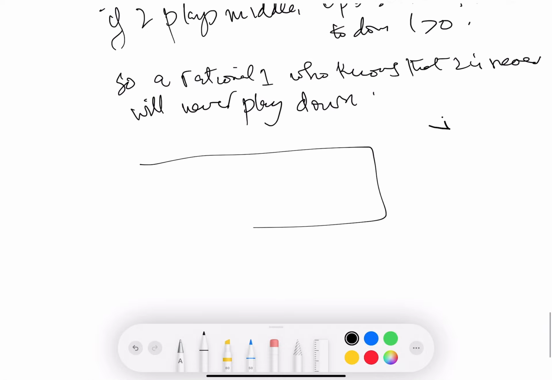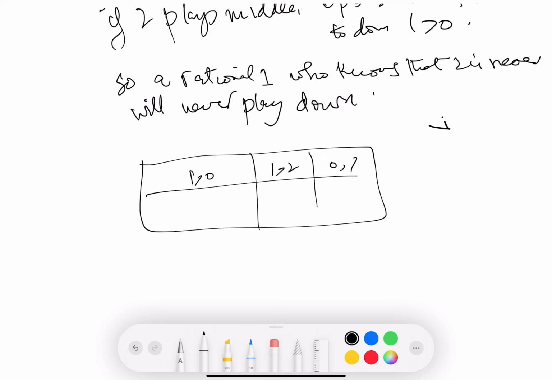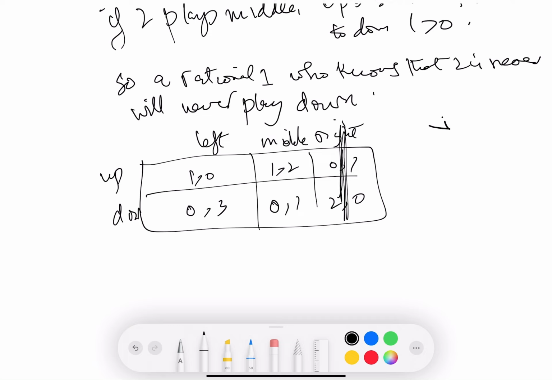So the new game now looks like this: 1 0, 1 2, 0 1, 2 0, 0 1, 0 3, left, middle, right, up, down. We know a rational 2 is not going to play this, and knowing that, a rational 1 is never going to do this.